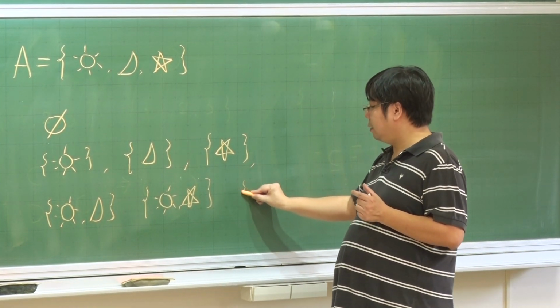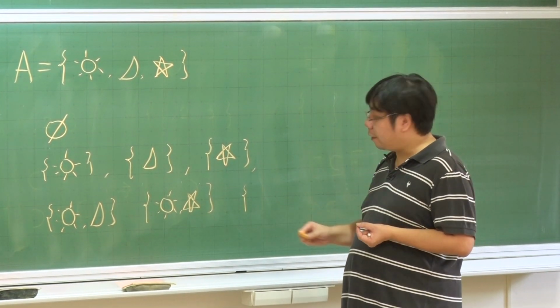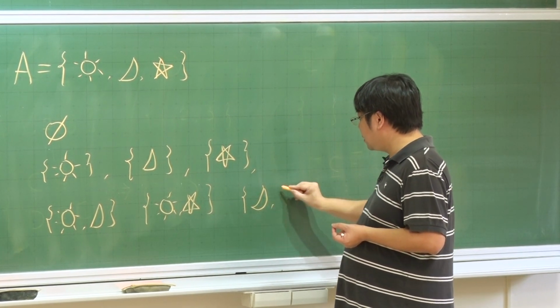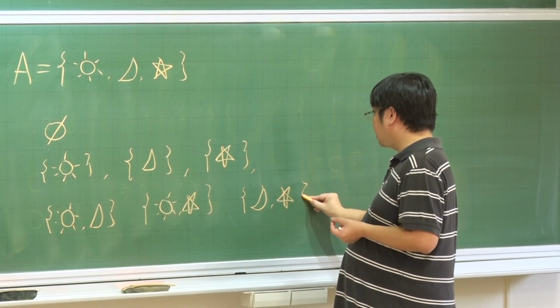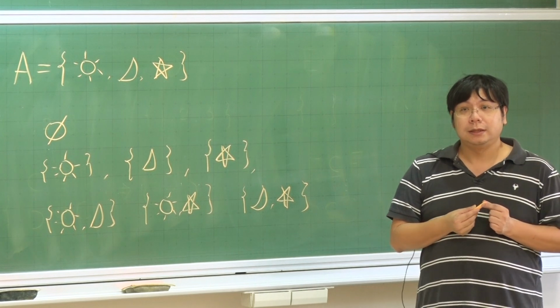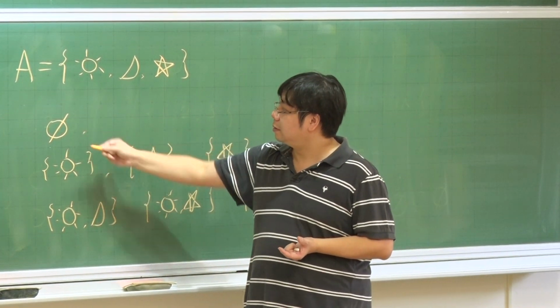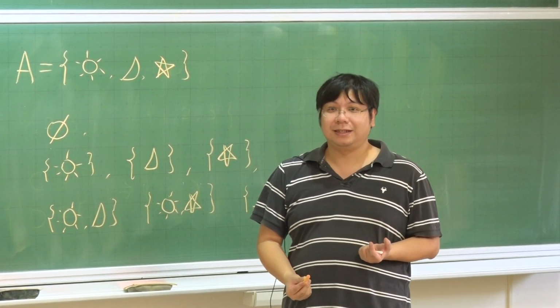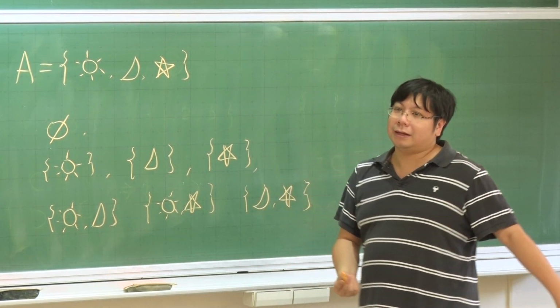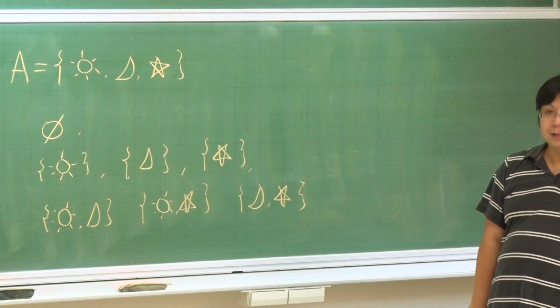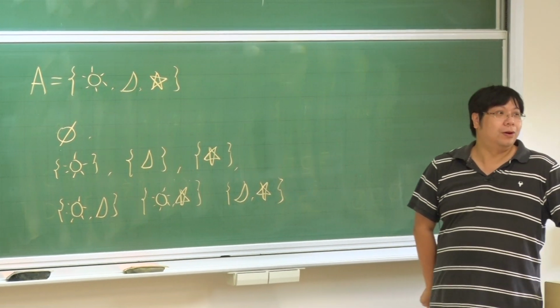And then what else? You have the moon and the star. This is also a subset of A, right? And what else? Is there anything missing? Is there any other set that is also a subset of A? Oh, okay, very good.